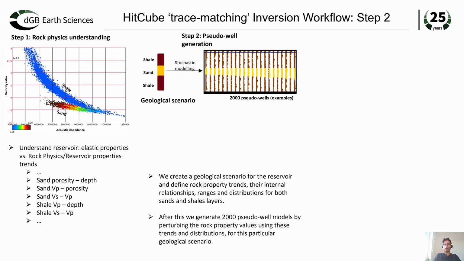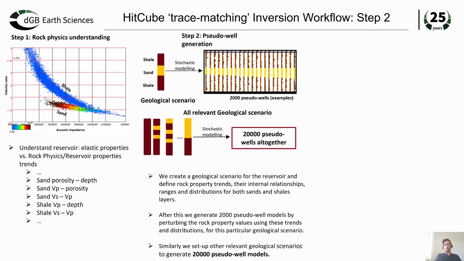Once this definition is done, we could simply go ahead and generate a large number of pseudo-well models by perturbing these rock property values from corresponding trends and distributions for this particular scenario.